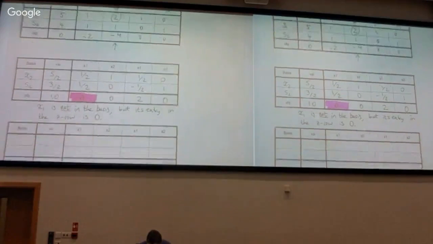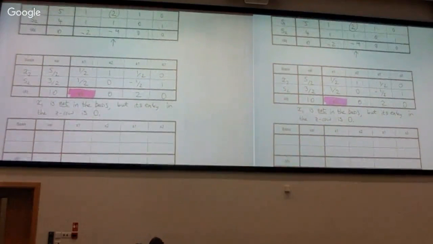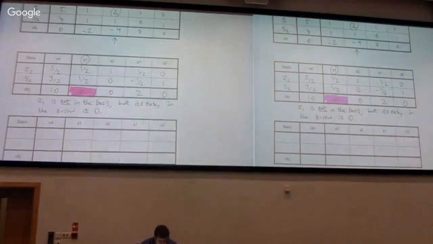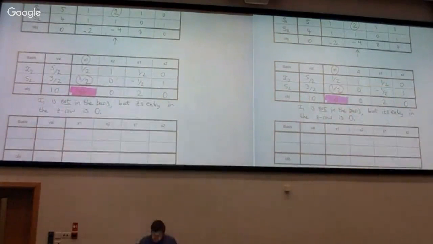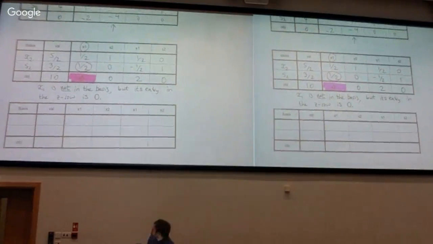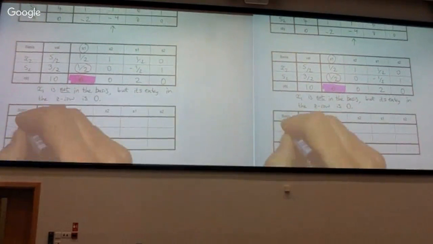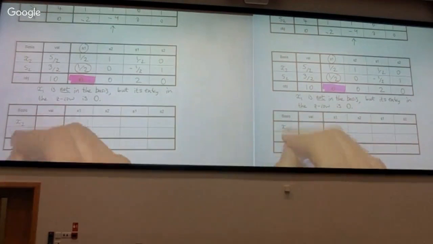where we put x1 into the basis. The x1 enters the basis. The ratio test is 5 and 3. So 3 is less than 5. So S2 is leaving the basis. The basis is x2, x1.